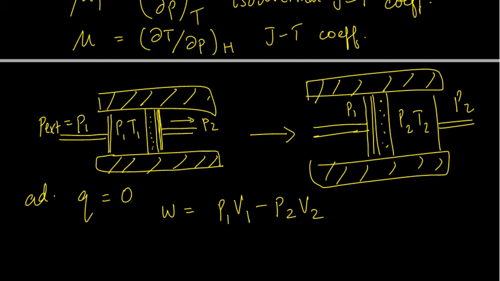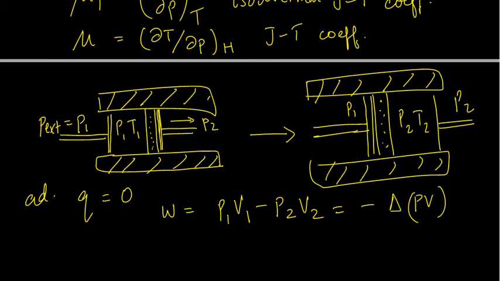So the initial pressure was P1, the initial volume was V1, final pressure is P2, final volume is V2. So this is actually minus delta PV.